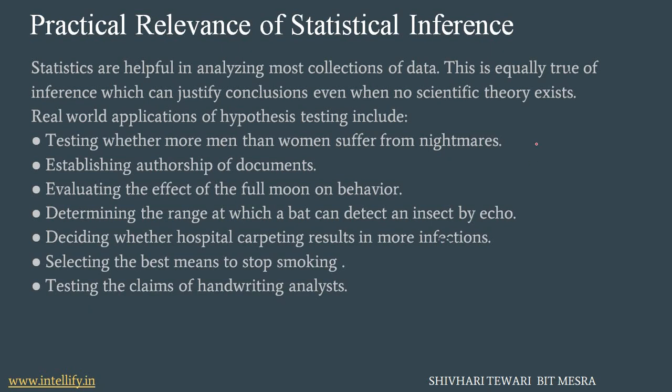So these are some examples, like testing how many women suffer from nightmares, establishing the authorship of documents, evaluating the effect of full moon on behavior, then testing the claims of handwriting analysts. So these are some practical examples where we use statistical inference to test whether our prediction will be true or not.